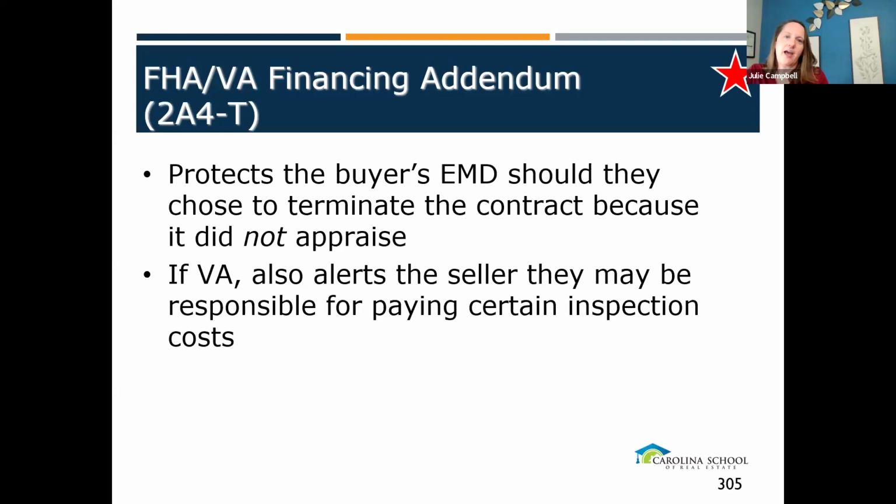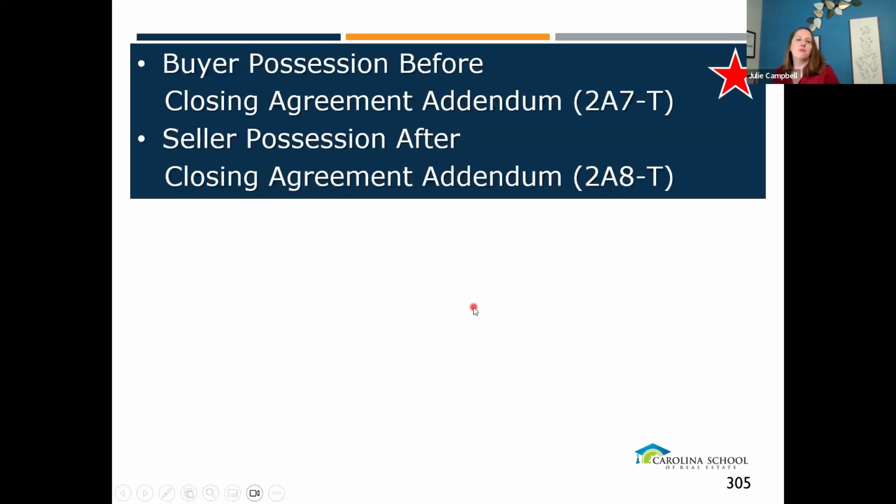Couple other addenda we have. We may have situations where possession happens at different times, not at closing. We may negotiate and agree to a buyer possession before closing, or we may negotiate a seller possession after closing. Closing has happened, the deed has changed hands.